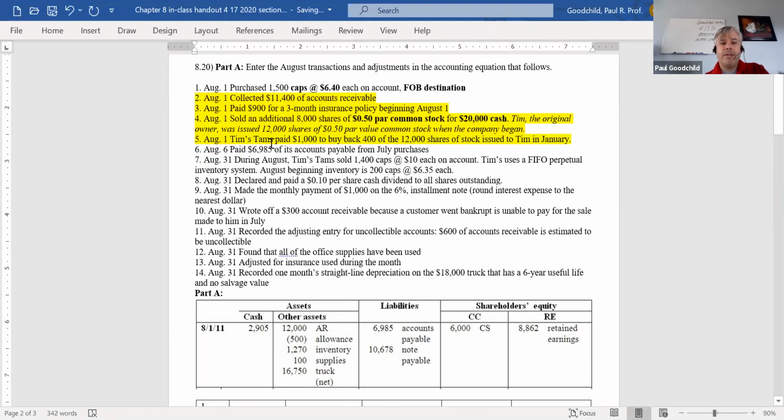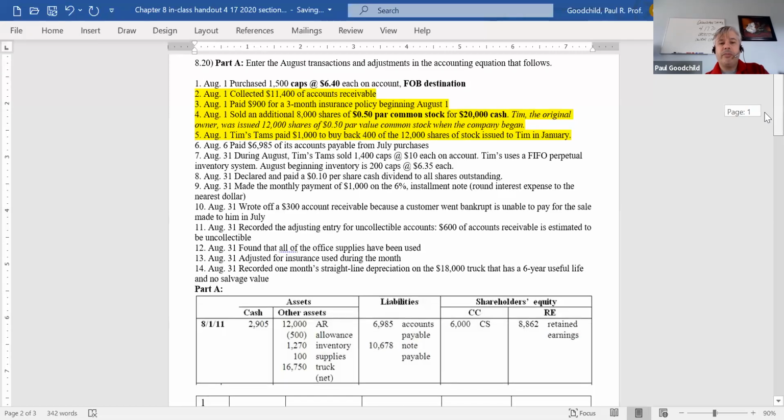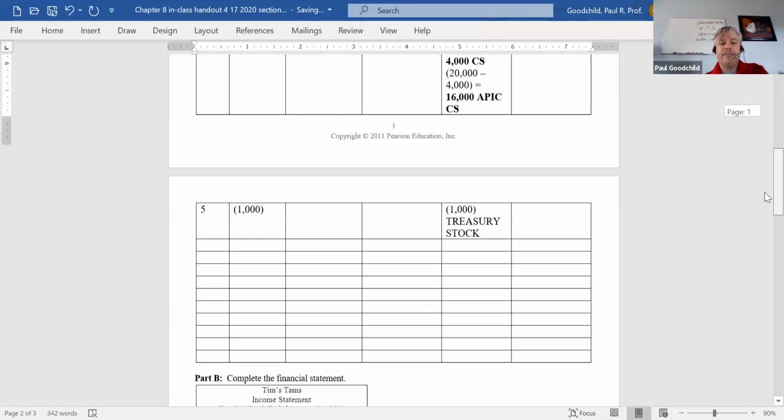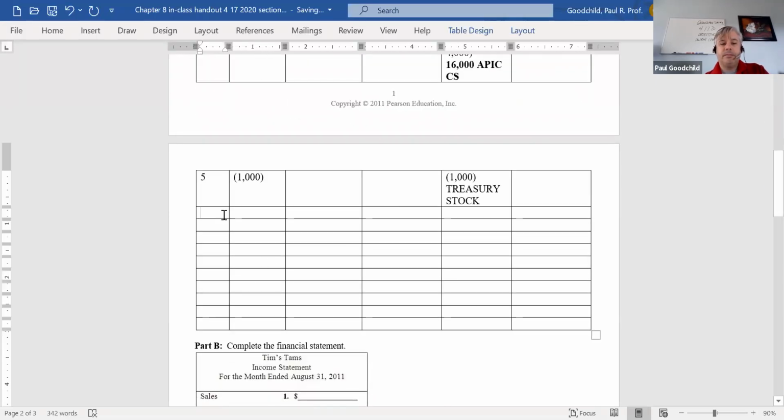This is August 6th, paid 6,985 of its accounts payable from July purchases. And so that reduces our cash, but it also reduces the liability.